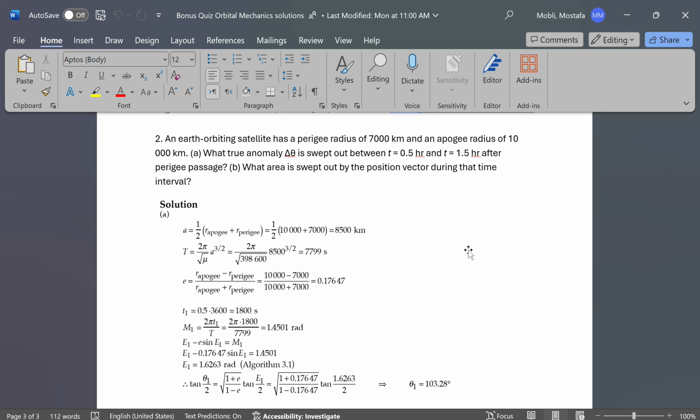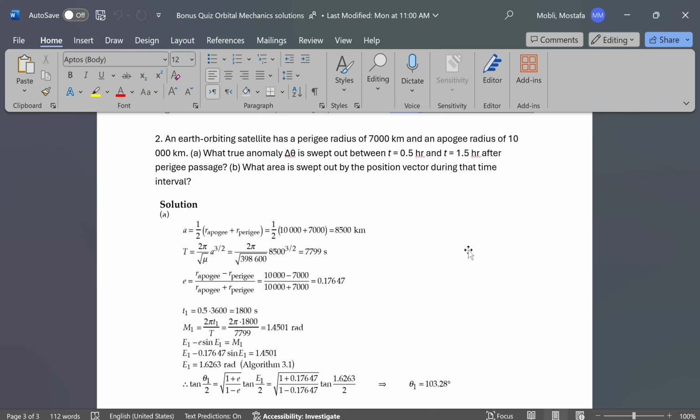What true anomaly, delta theta, is swept out between t equals 0.5 hours and t equals 1.5 hours? And this is hours after the perigee passage.